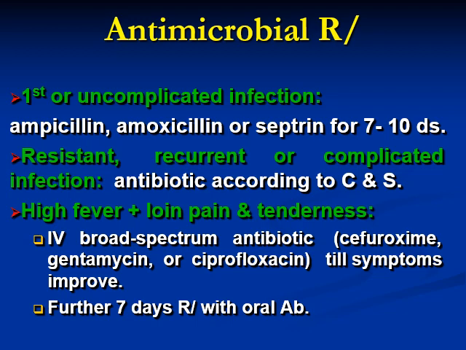And if there is a high fever, loin pain, and tenderness, you should use an intravenous broad-spectrum antibiotic such as cefuroxime, gentamicin, or ciprofloxacin till the symptoms improve. Then you have to continue for another 7 days with an oral antibiotic.